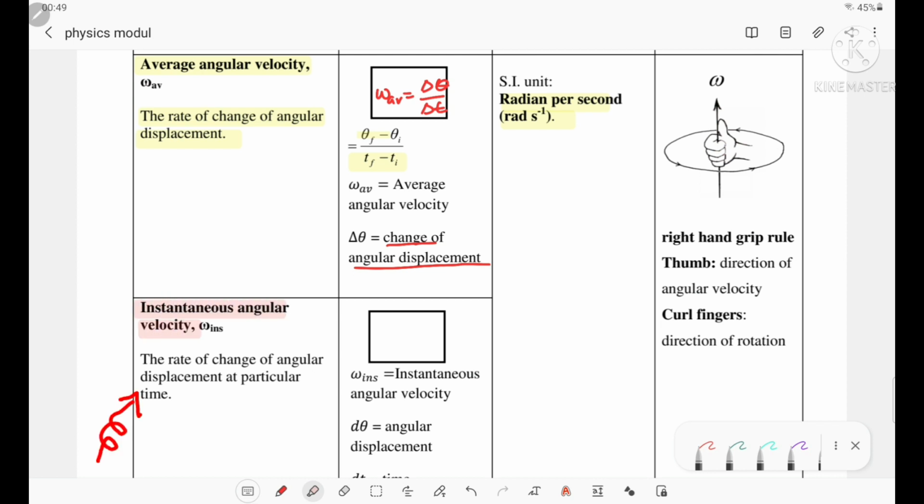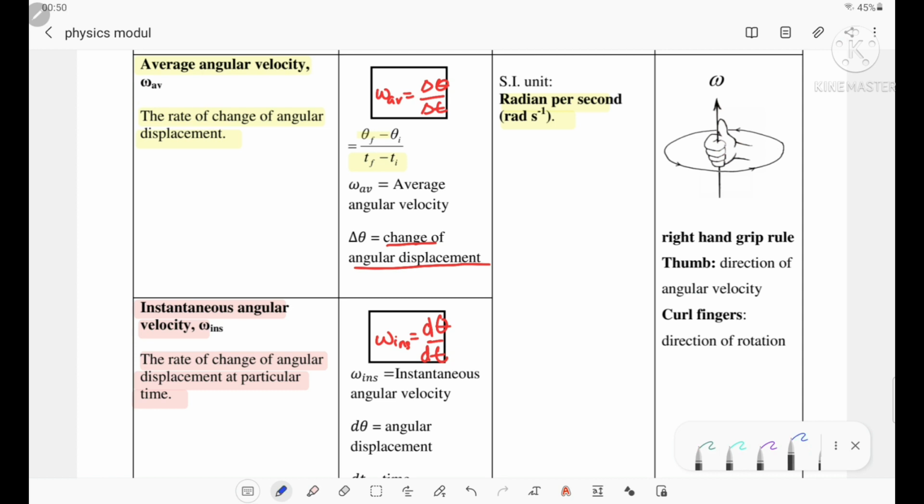Instantaneous angular velocity is the rate of change of angular displacement at a particular time, or at that moment, and we can write omega is equal to d theta over dt.